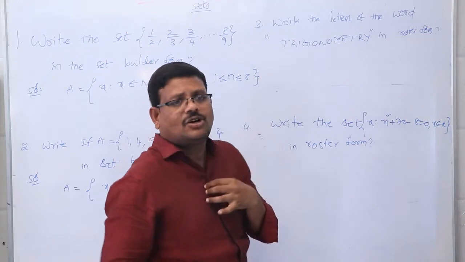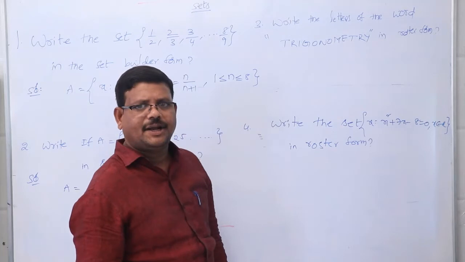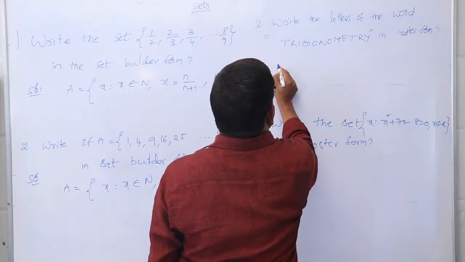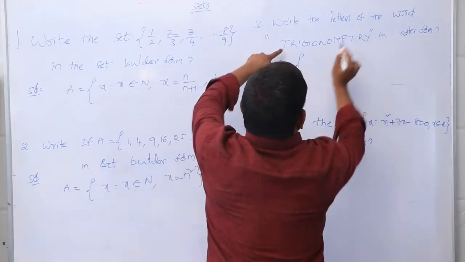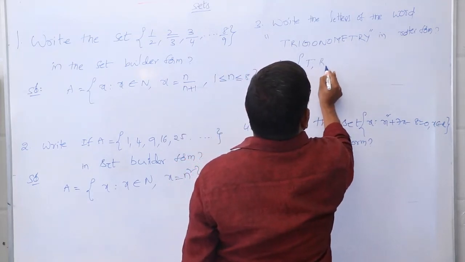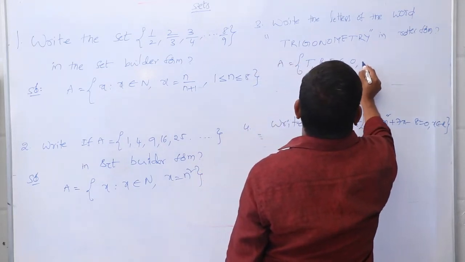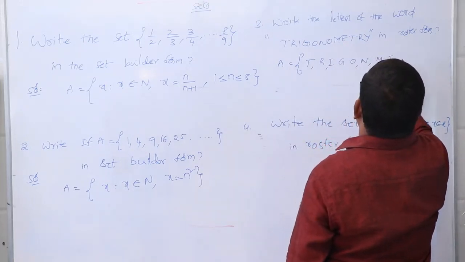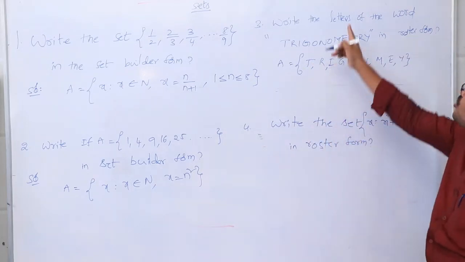Next, the third question is: write the letters of the word trigonometry. So here in roster form we will write A equals the letters of this word trigonometry: T, R, I, G, O, N, M, E, T, R, Y. So what is roster form?